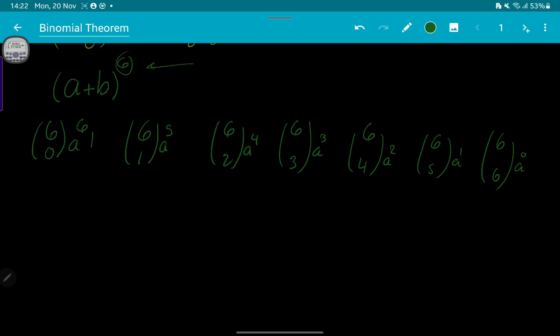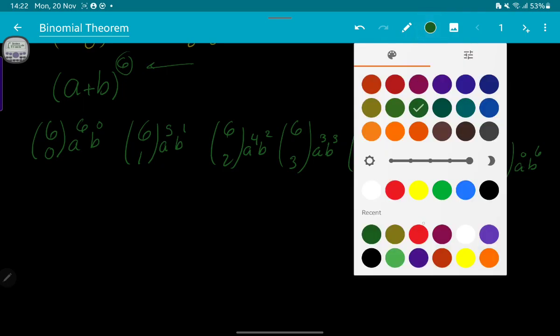Then the last one is b power 0, b power 1, b power 2, b power 3, b power 4, b power 5, b power 6. It goes the opposite way. Then we'll put the sign or simplify.